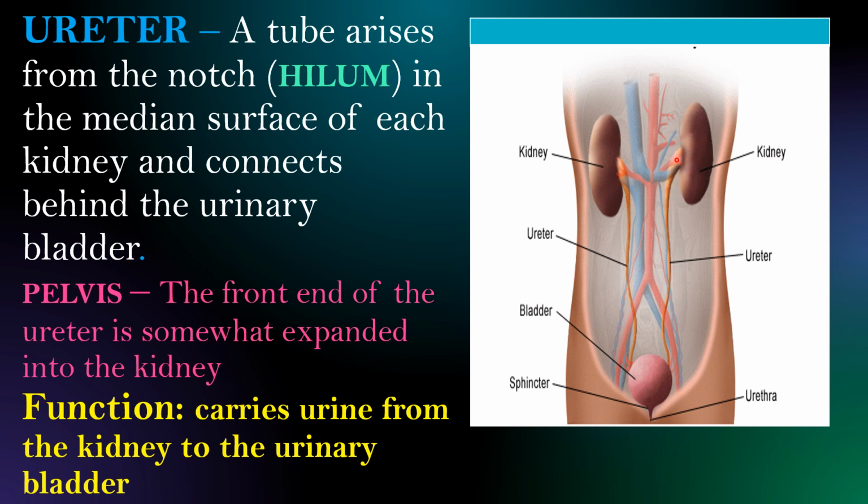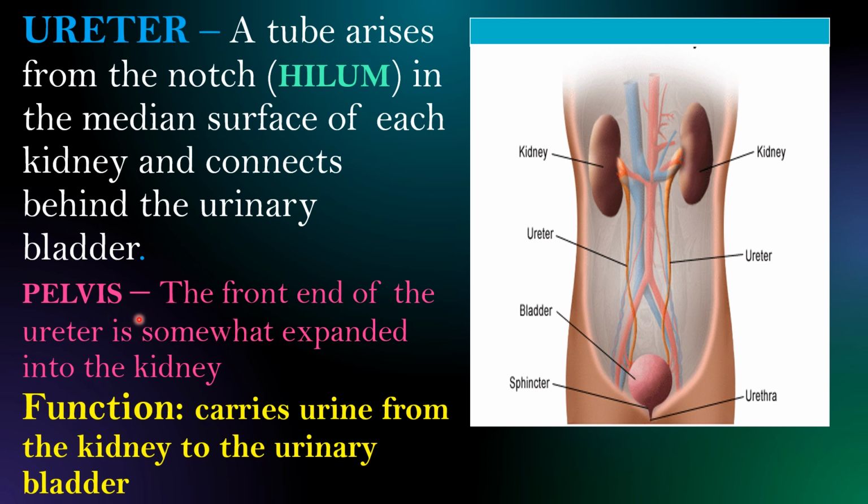This expanded region we call pelvis. Very important. The front end of the ureter is somewhat expanded into the kidney, right? That expanded region of the ureter is called pelvis.